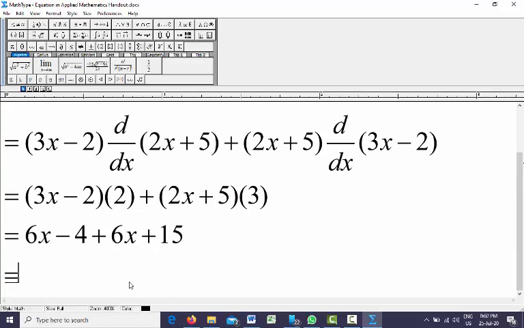So the final answer is 6x plus 6x, we will have 12x plus 15 minus 4, which is 11. So you can see that whatever method you apply doesn't matter. If you apply the method correctly, the answer should always be the same.